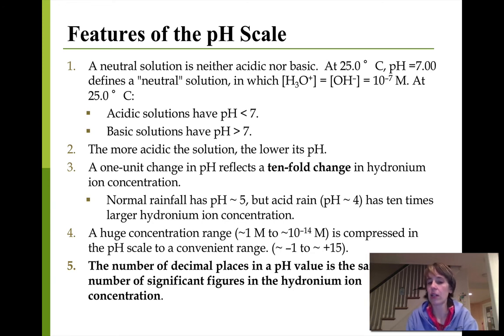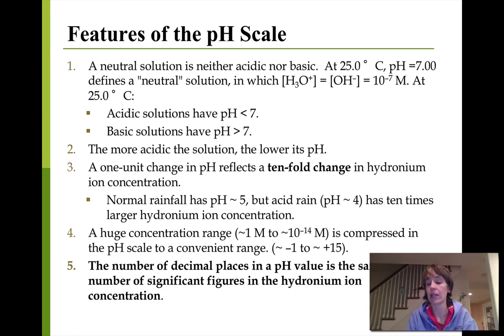And one thing that's important for calculations that we'll be doing shortly is that with logarithms, significant figures get a little complicated. But a rule of thumb is that the number of decimal places in the pH value, so in the log value, should be the same as the number of significant figures in the concentration.